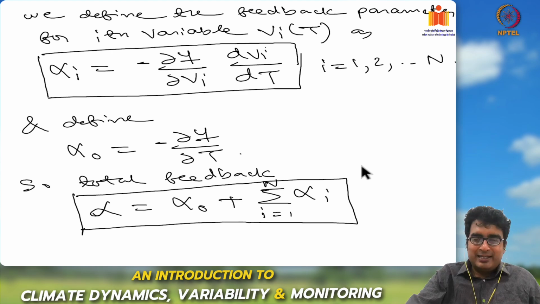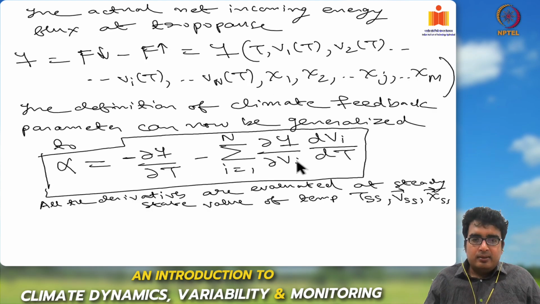So in that context, we can express the total climate feedback parameter alpha as the negative of the partial derivative of the net incoming energy flux with temperature, minus the summation of the individual components of derivatives of the flux with the temperature dependent variables, in the form of del F by del Vi, dVi by dt. And these are being evaluated at constant values of the other parameters when we are looking at a partial derivative.